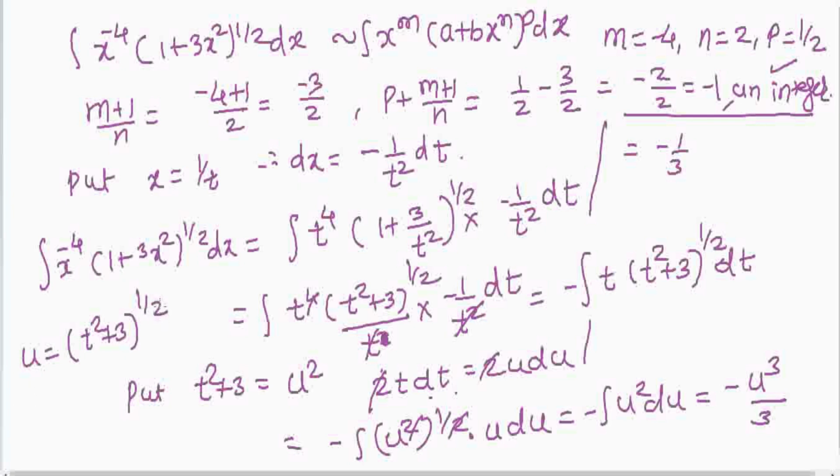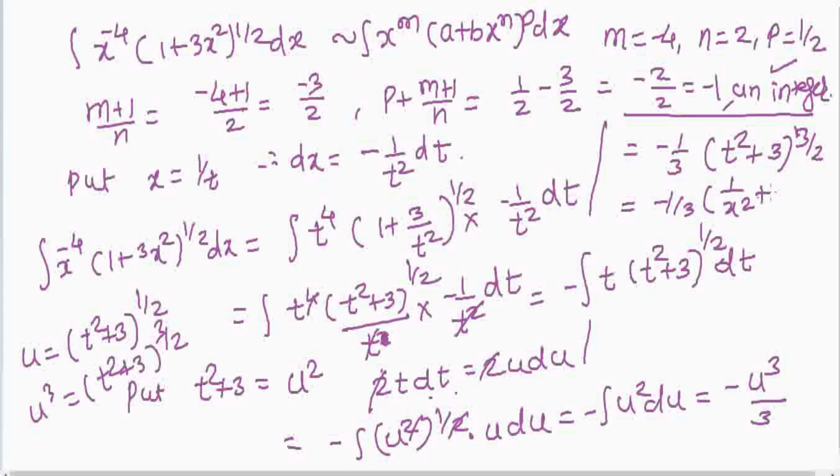So u cube equal to (t square plus 3) whole raised to 3 by 2. Again substituting the value of t, minus 1 by 3 into (1 divided by x square plus 3) whole raised to 3 by 2. This is our required answer.